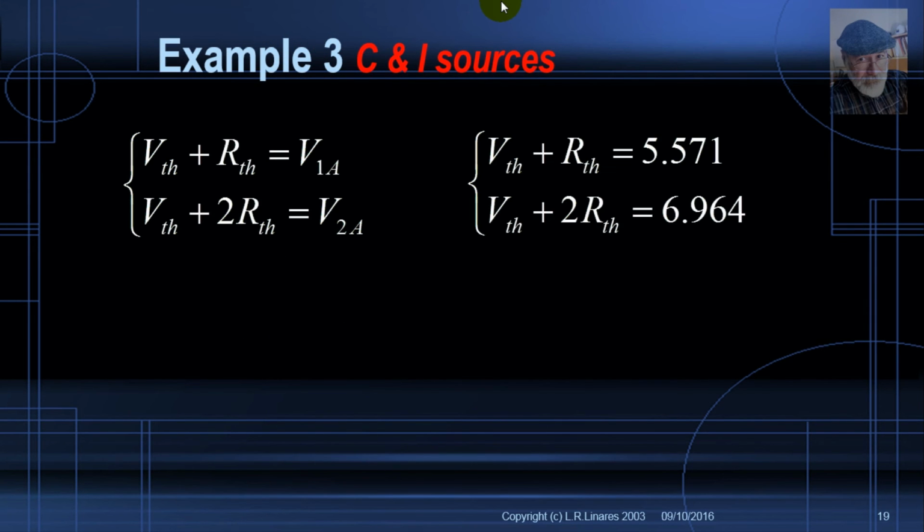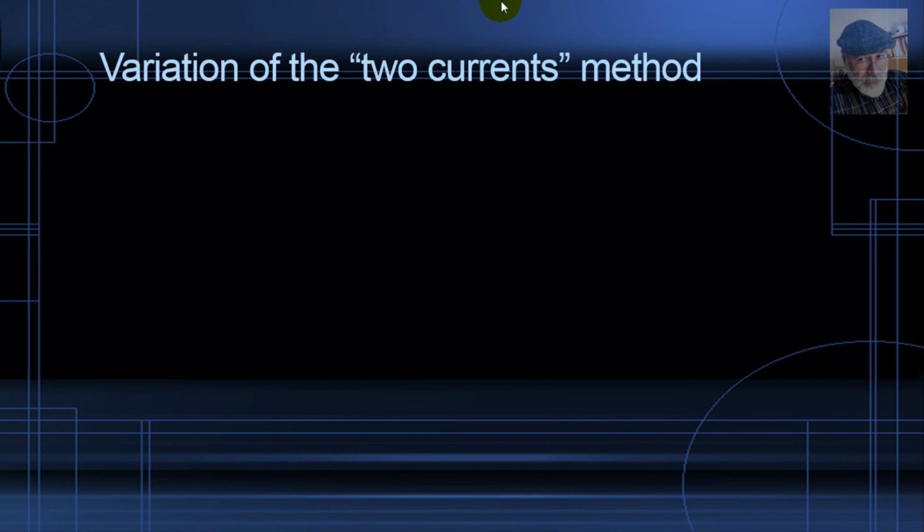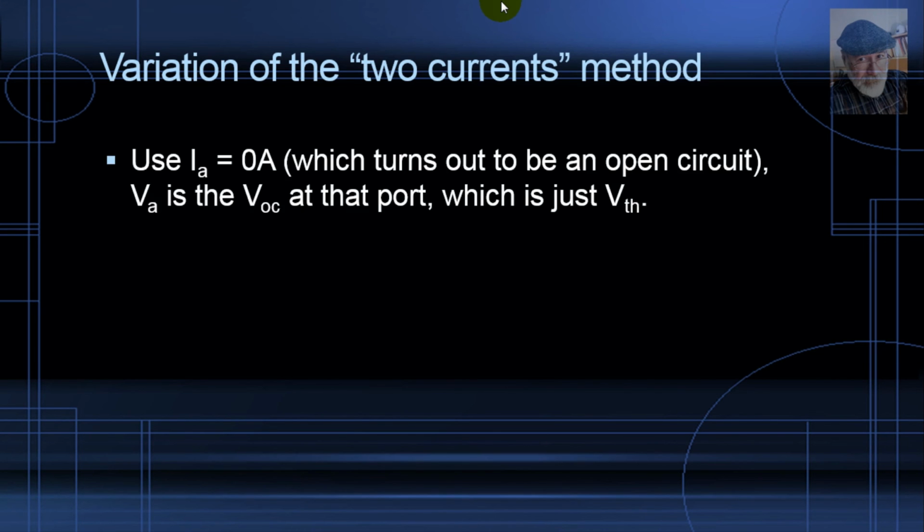Those are the equations, right? And the solution is 4.178 volts and 1.393 ohms. That is the equivalent Thevenin circuit for that network. A variation of the 2 currents method is one in which we use Ia equals 0, which turns out to be an open circuit test, and Va would be the open circuit voltage, which is just Vthevenin, right? For Ib we use any value.